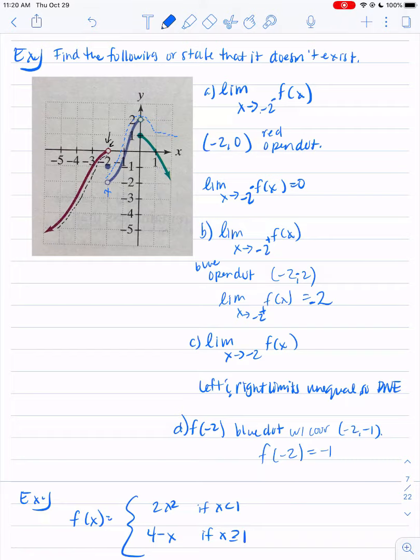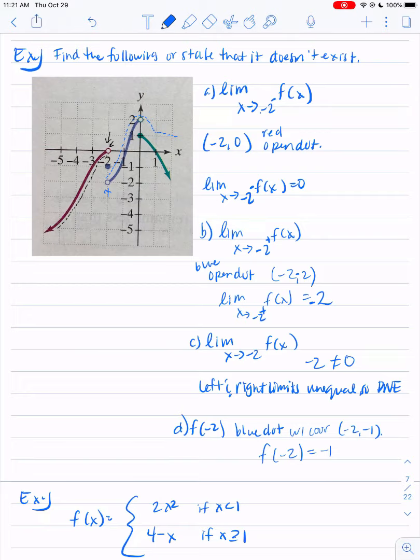And then I have the limit as x approaches negative 2 of f of x. If we look at our left and right-hand limits at negative 2, they don't match. The left and right limits are unequal because negative 2 does not equal 0. So the limit as x approaches negative 2 of f of x does not exist.